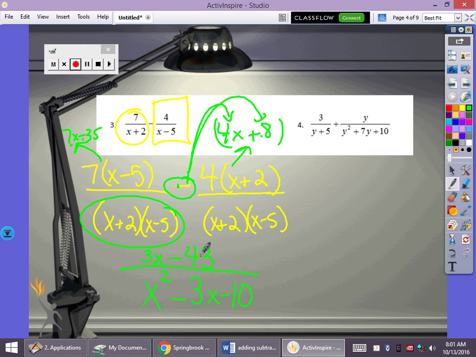When they're both negative, we add. So this would be my final answer. So it's negative 35 minus 8. Okay? Why wouldn't I put negative 43 on the bottom? You good? All right.